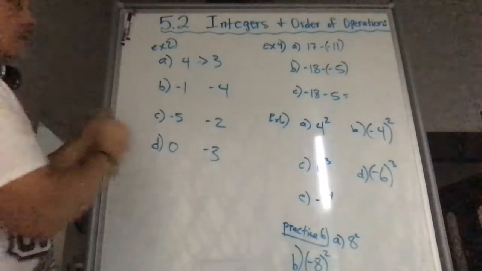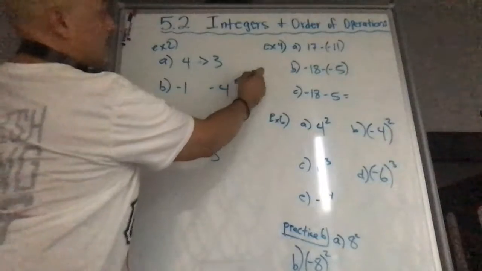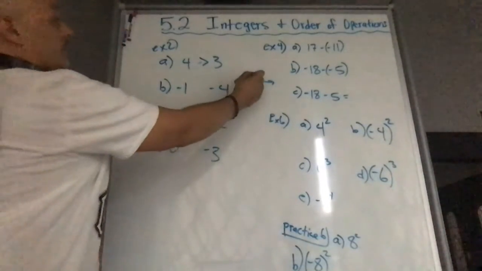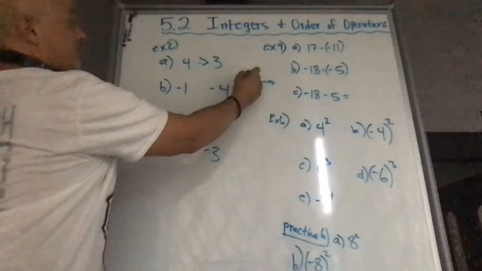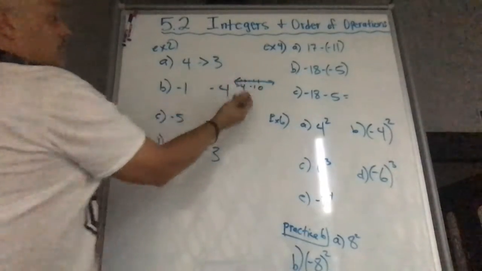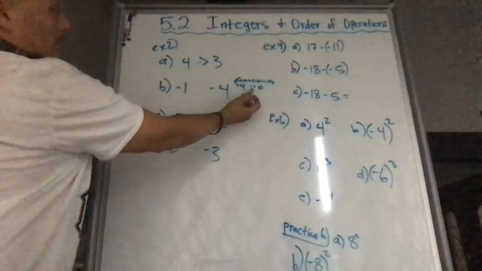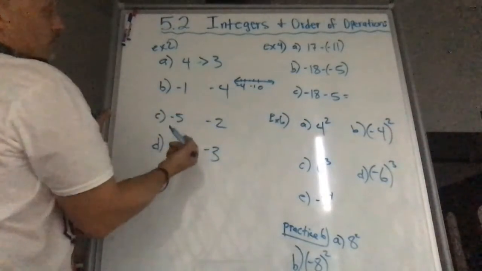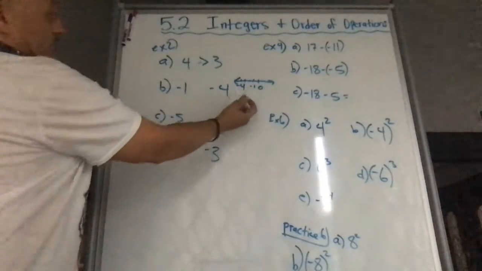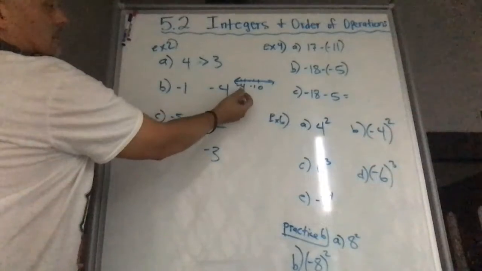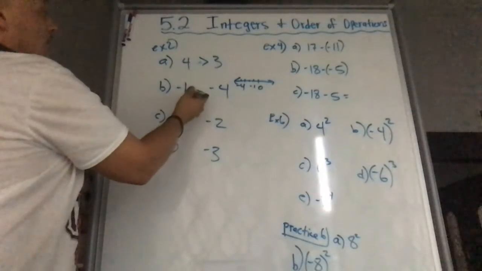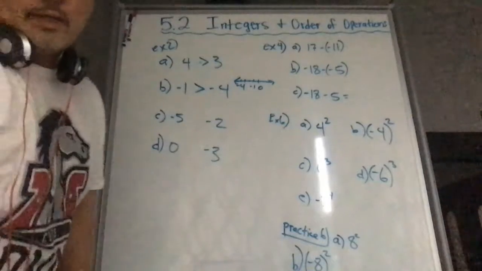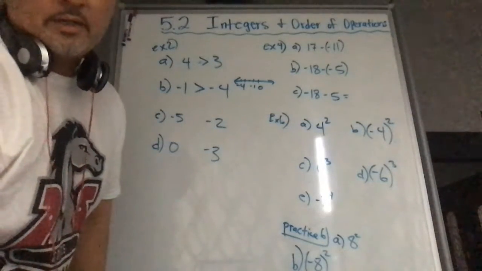That's, for me, an easier way to think about it. -1 would be here, and then -2, -3, -4, right? So on a number line, the number that's on the right is greater, so -1 is greater than -4. Or vice versa, the number that's further left is less. So anyhow, -1 is greater than -4, and I'm going to just carry on in just a moment.